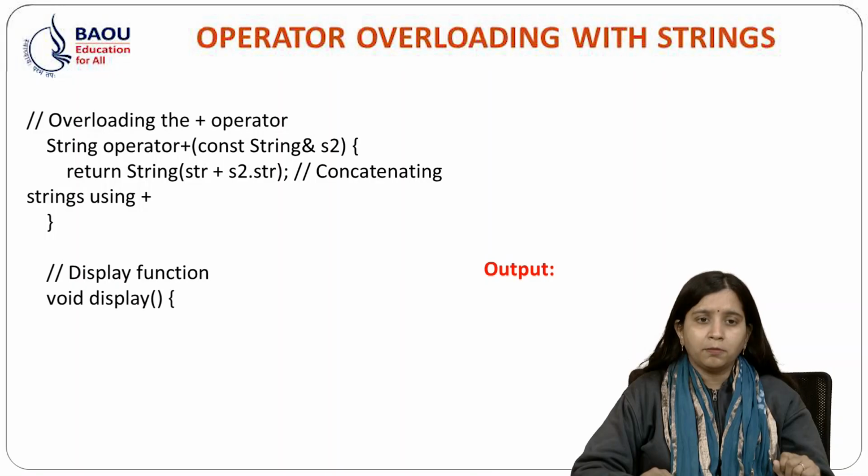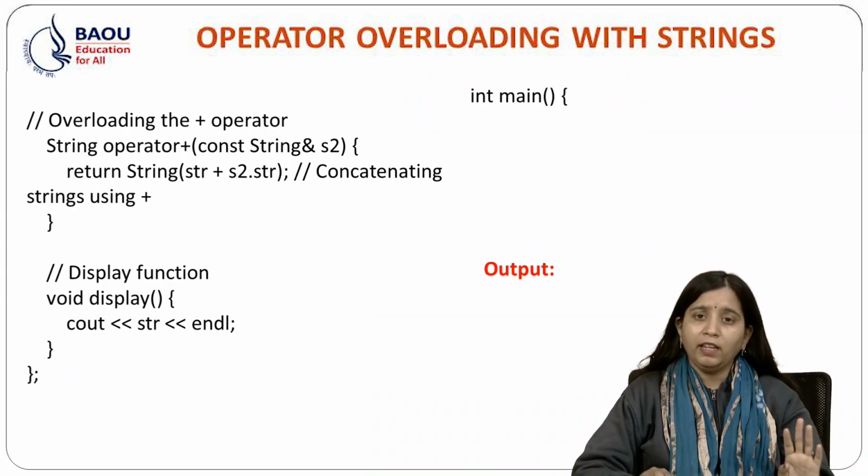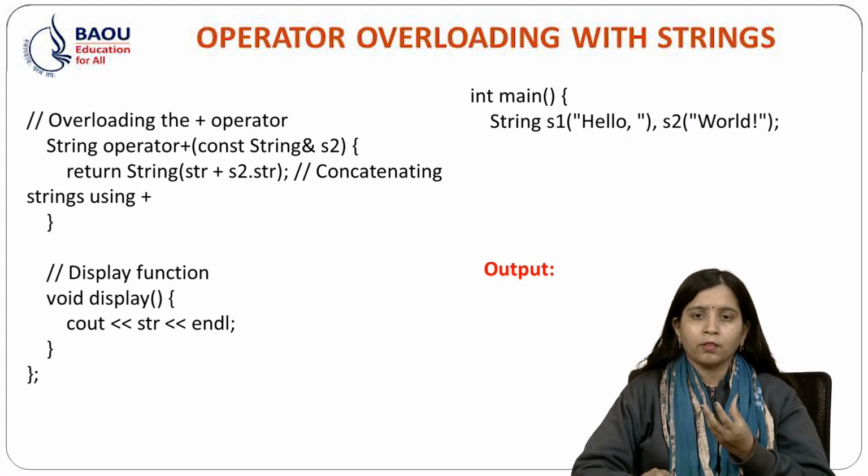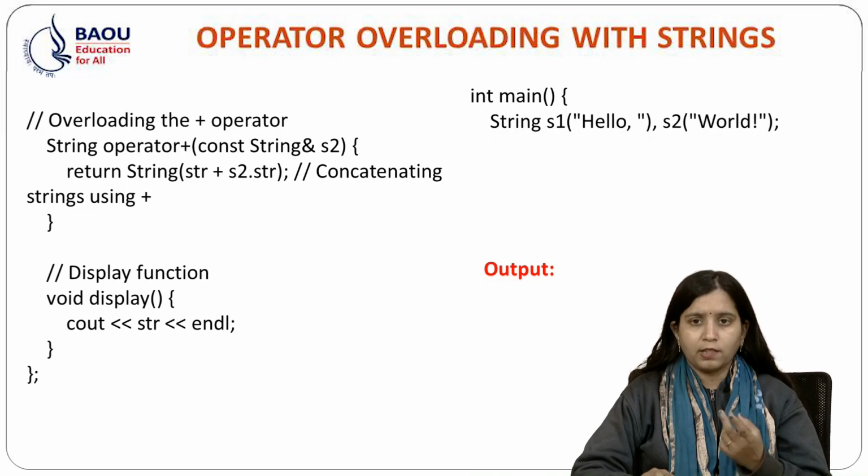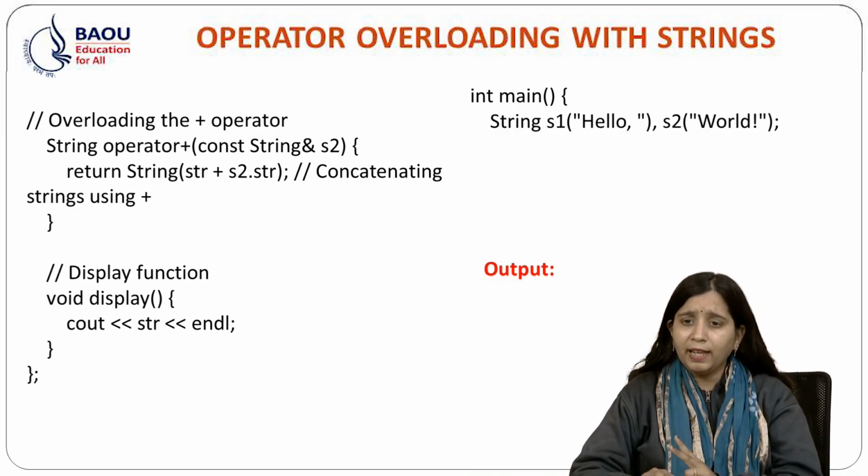And the display function, that is void display, does cout of str. Simple. And in int main I have made two objects, s1 and s2.